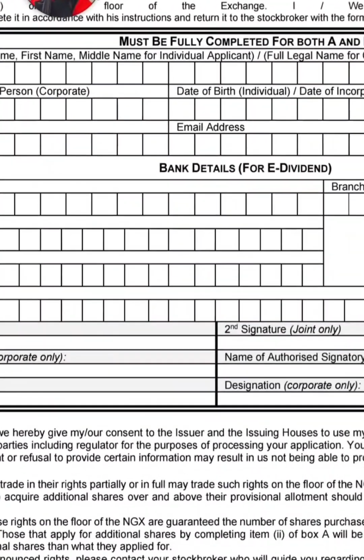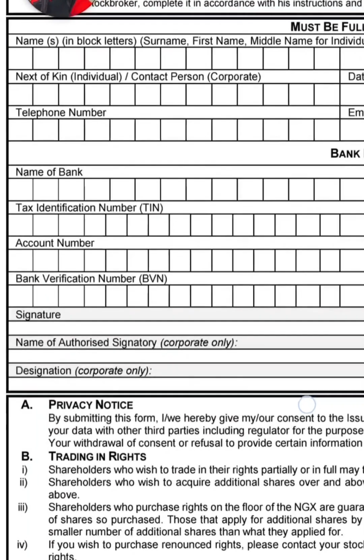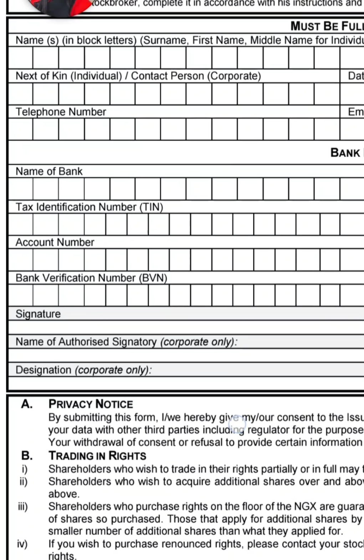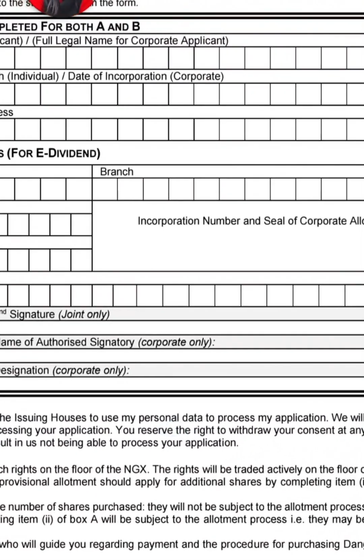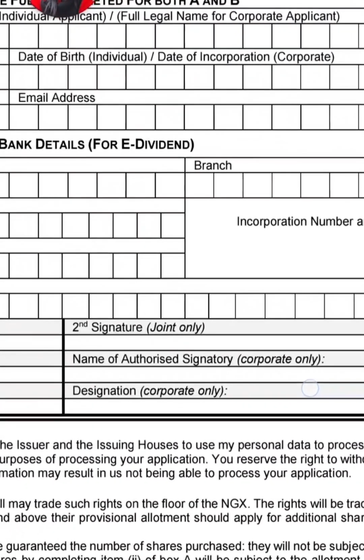And then next is where you enter in your bank details so you can get your dividends. So start with the name of your bank and then your TIN, which is your NIN if you're an individual. Then enter in your bank account number, enter in your BVN, and then make sure that you sign. Here you also get to enter in the branch.